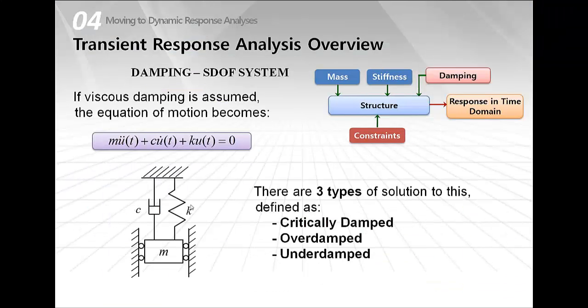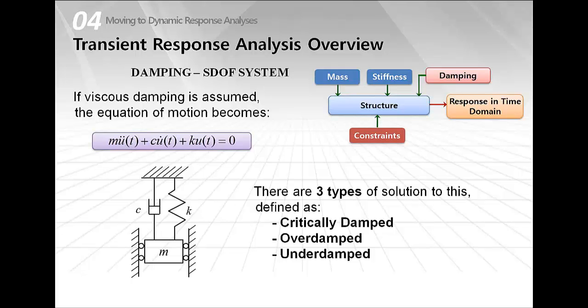Okay, the next case I would like to show you is the damping definition. If we add viscous damping to our equations, the formula becomes like the following. Generally speaking, there are three possible solutions according to this equation. We can consider the critically damped case, the overdamped case, and the underdamped case.